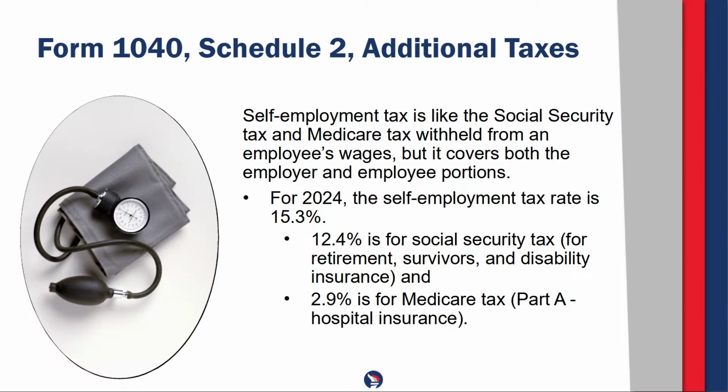Why 30%? Because this 15.3 already represents self-employment tax. He sent in 30 because the other 15%-ish was representing income tax. Now, for him, it wasn't enough. He really needed to do a little bit more, but it was enough to keep him off of underpayment penalties.